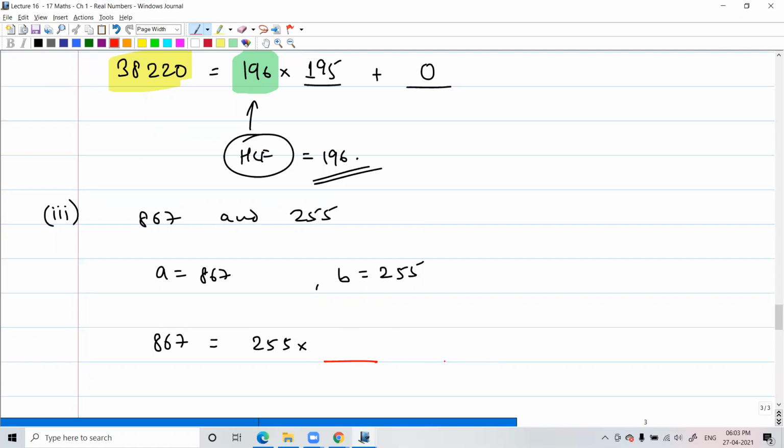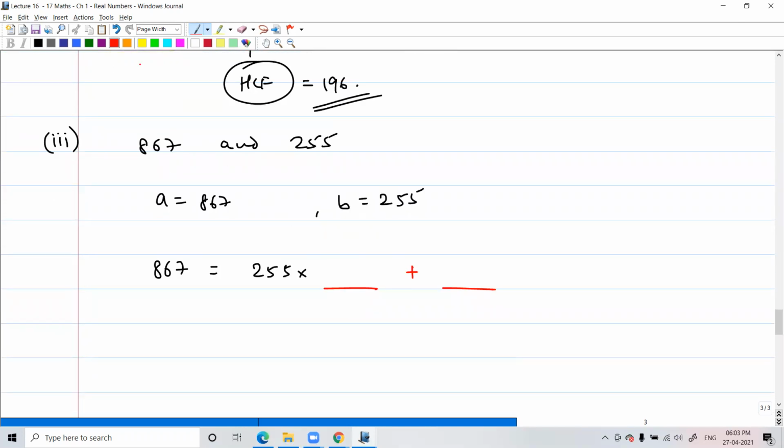Completed, sir. Okay, good. Tell me, Ritesh, what is the quotient here? 3, sir. So 255 3 times into 867. So what do we get?